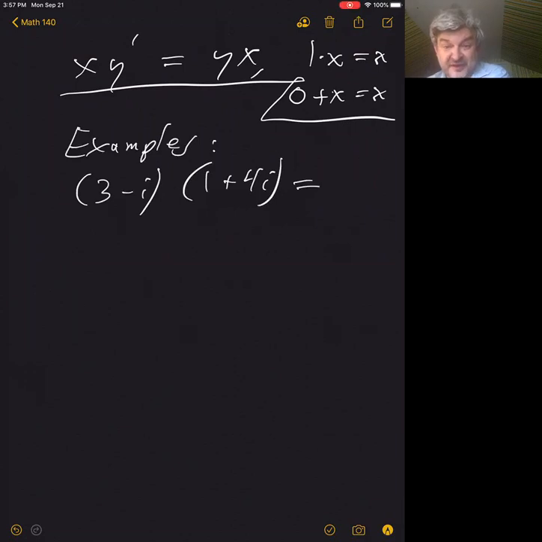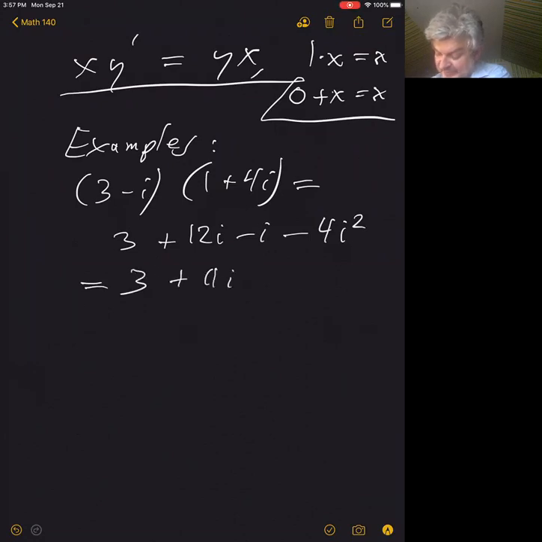We FOIL this out. So it's 3 plus 12i minus i minus 4i squared, which is 3 plus 11 times i.